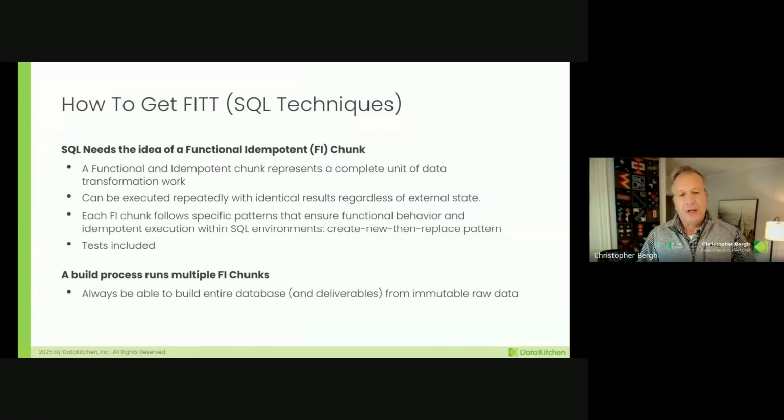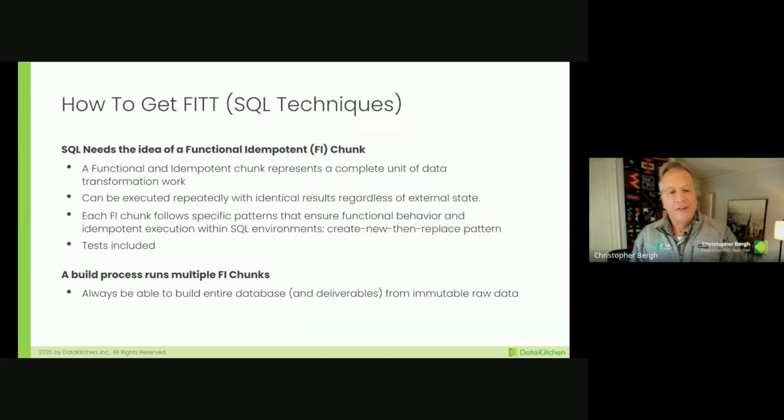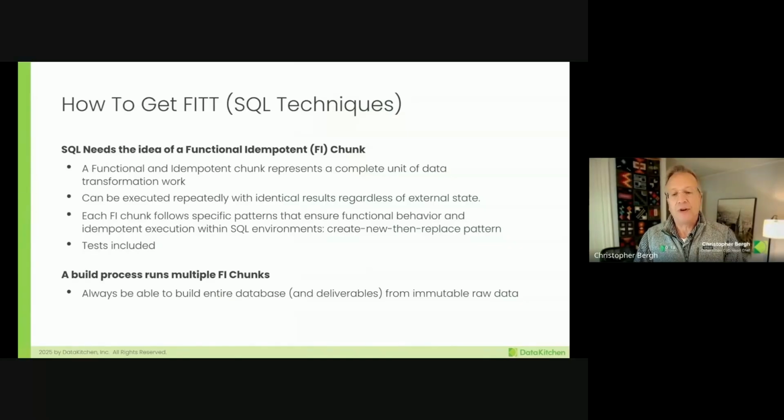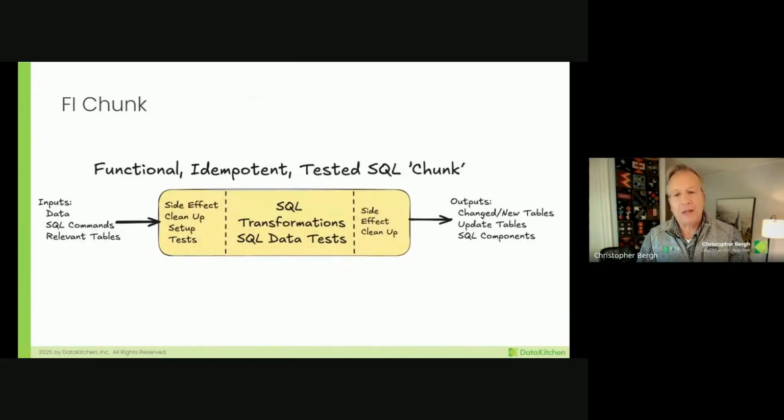And so there's a set of patterns we follow. Think of it as create, new, then replace. And of course, in our FITT chunks, tests are always included. And what is a build process? It's just a way to run a whole bunch of FITT chunks together, to build the entire database and deliverables from immutable raw data. So what does that look like?